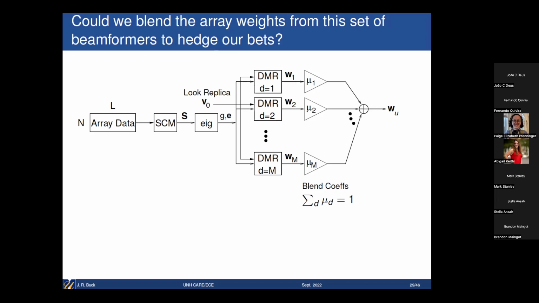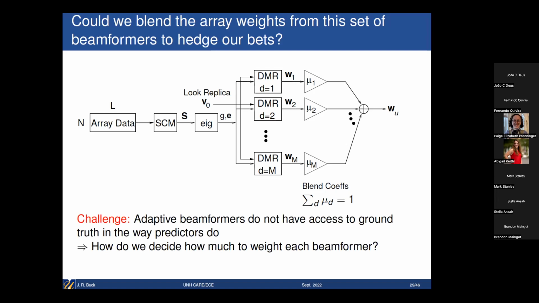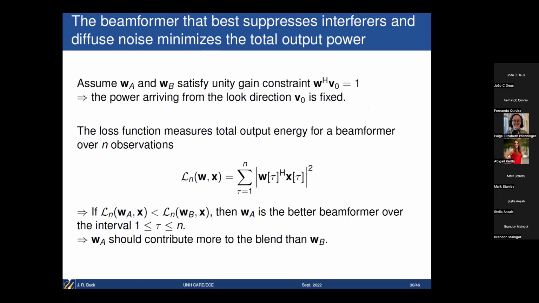The trick is, how do you pick these array weights so that you're guaranteed to do well? Or how the blend weights, right? How do we decide how much to weight each beamformer? Well, let's think again about what we know from Capon about when a beamformer is working well. Again, I have two beamformers looking in the same direction. So these array weights both have the constraint that they have a gain of 1 when I look at the desired direction. And I'm trying to figure out who's doing a better job of canceling out the other noisy people and the background in the room.